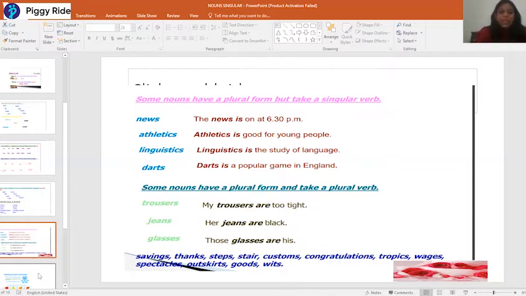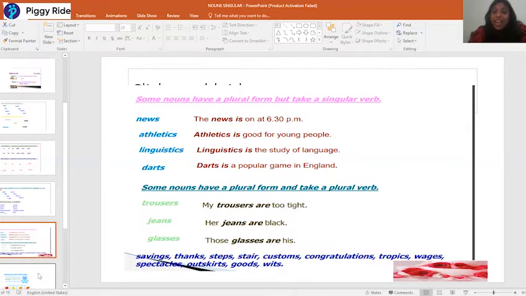Okay, now let's go to the next part, which is athletics. Athletics is good for young people, right? So again, see here, we take the form as singular, though the form is plural. The noun has taken the plural form. And then let's go to the next example, which is linguistics. Linguistics is the study of language.